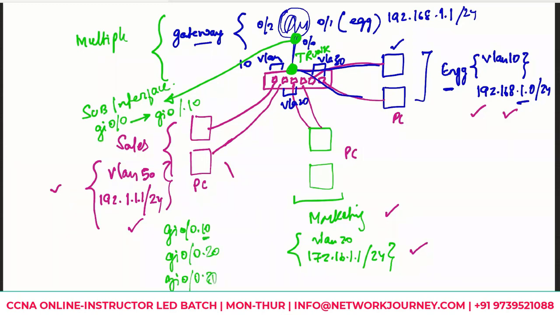Here this resembles the subnet VLAN. Let's say this was for marketing, this was for the engineering team, and this one was for the app development team. So one interface can be logically divided into multiple sub-interfaces, and to each sub-interface we then assign the IP addressing from each network.